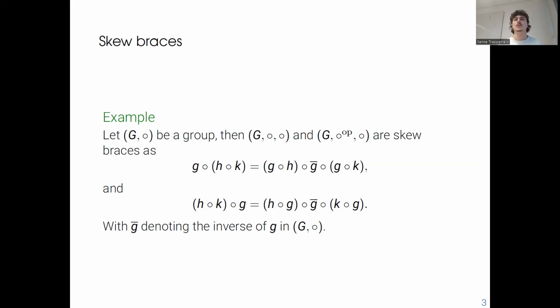The condition just comes down to verifying these equations here, this for the first one and this for the second one, and there's nothing really happening there. It's important to note that whenever I write an overline, this means I'm taking the inverse of an element in the group given by the circle operation.